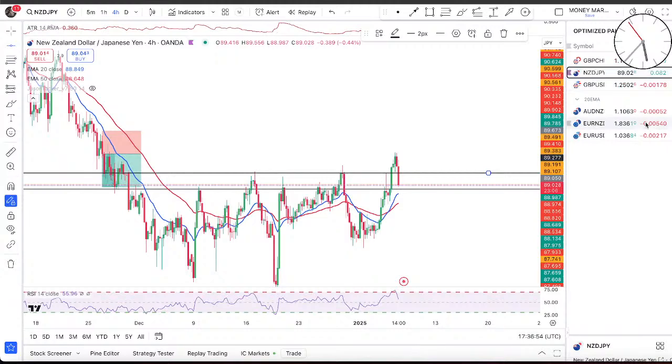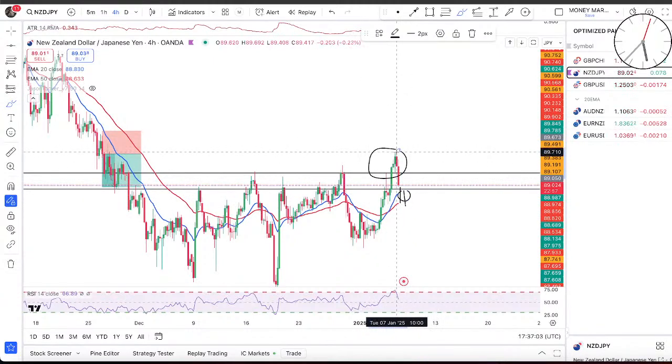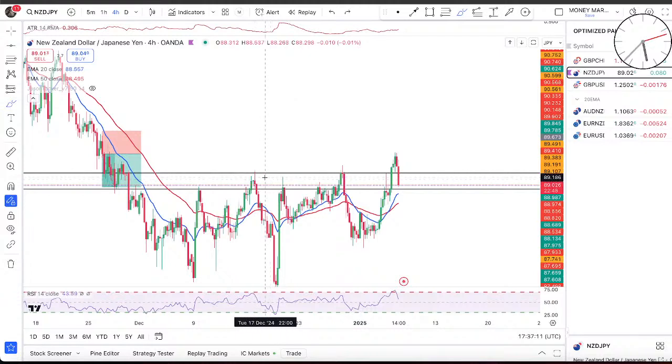I'll keep this pair in my watch list because we might have a very good chance of a pullback entry here. So keep an eye, a pullback entry above 50 EMA on NZD Japanese yen. Mark these pairs on the charts because it is something I'll be closely looking at, and we might get a very good opportunity here because NZD Japanese yen just broke above the structure.